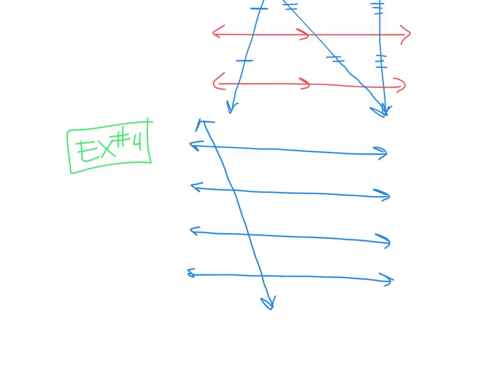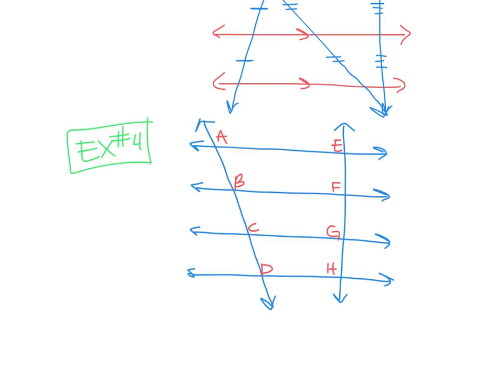All right, so this is point A, point B, point C, point D, point E, point F, point G, point H. Okay, so they're all meeting.